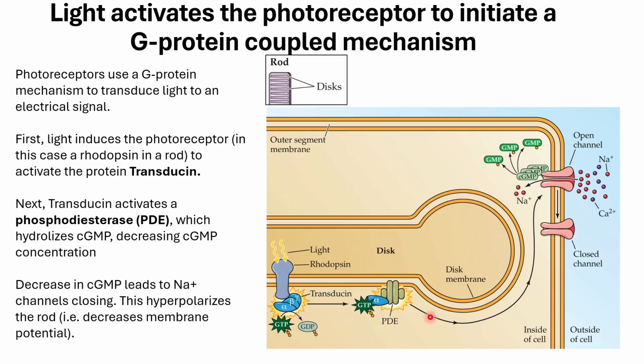Now, what happens is that when PDE is activated, this cyclic GMP gets converted to GMP. It becomes hydrolyzed. So then it dissociates from the open channel, and the channel needs the cyclic GMP bound in order to be open. So what ends up happening is that the channel closes. And so now we no longer have any of this current flowing through, which means that the cell becomes hyperpolarized, right?